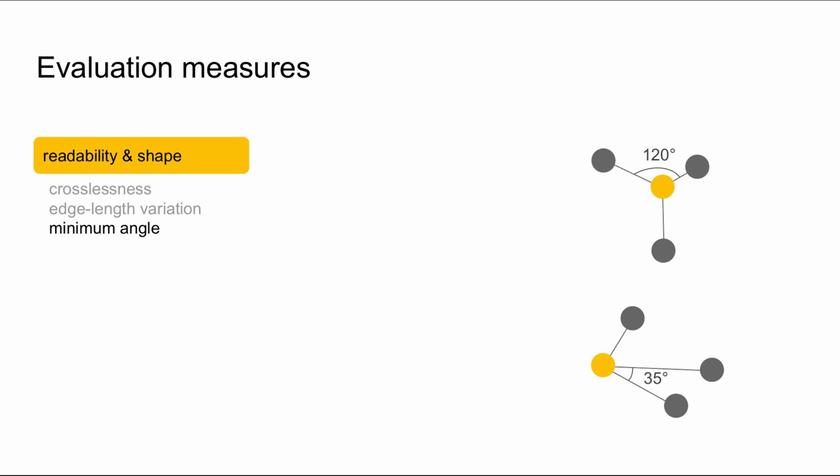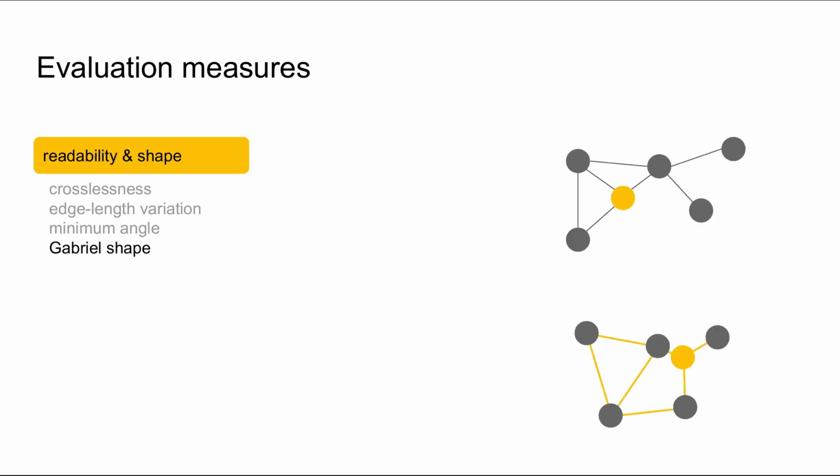We also used the minimum angle measure, which is the smallest angle between adjacent edges. And finally, the Gabriel shape similarity measure, where we construct a graph from the low-dimensional embedding following the definition of a Gabriel graph, and then compare the sets of direct neighbors for each node.